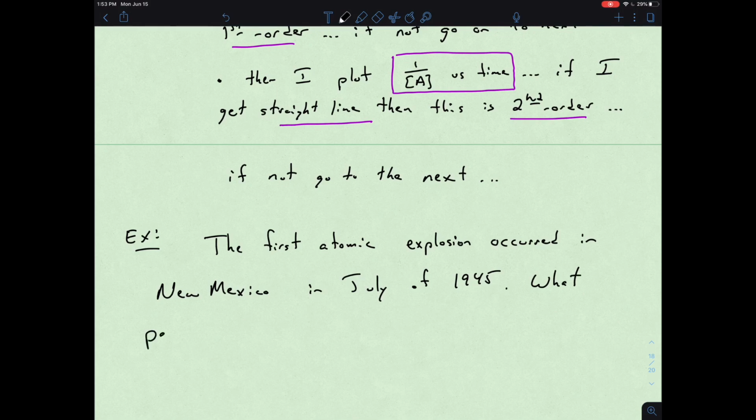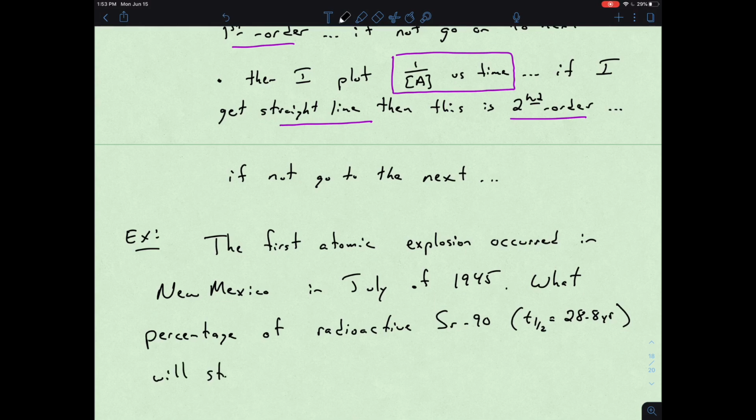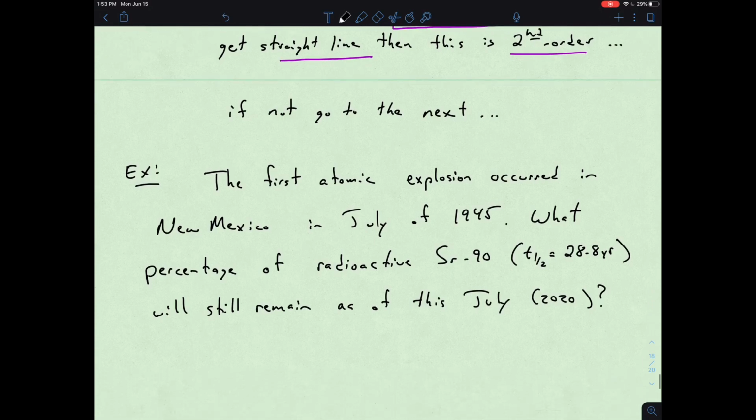What percentage of radioactive strontium-90 remains? Strontium-90 has a half-life of 28.8 years. So how much of that will still remain as of this July 2020? So that's our first question.